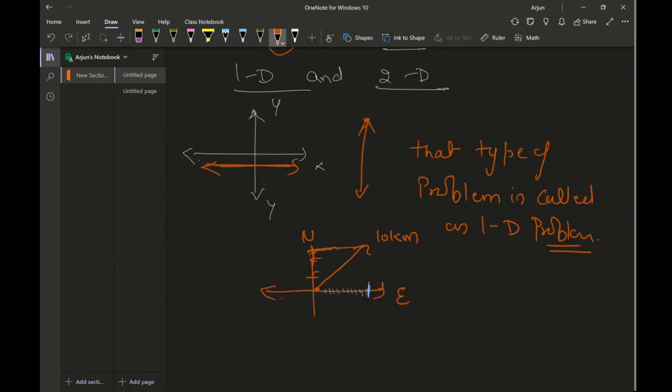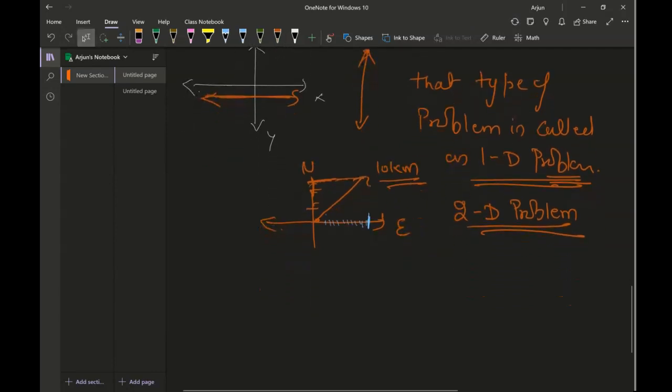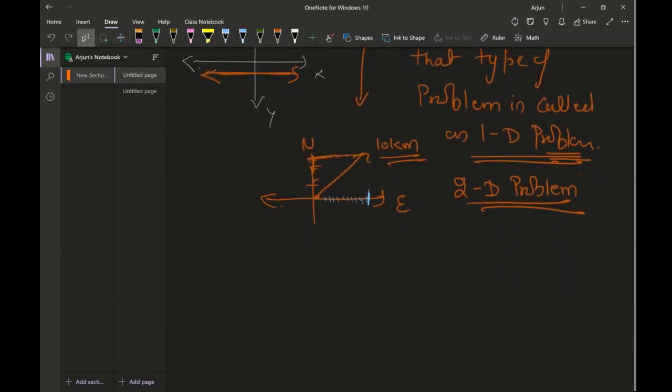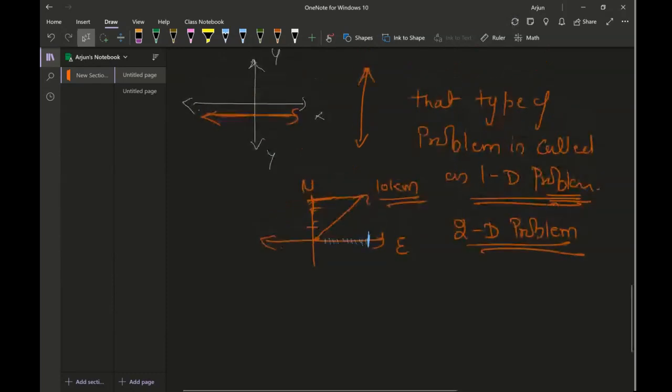So he's covering displacement in both directions at the same time. So that's an example of a 2D problem. When there is a 1D problem, it's very easy to solve. You will just take the net resultant. 2D problems are a little more complicated, and we'll talk about them later on. I just wanted to give you a glimpse right now.